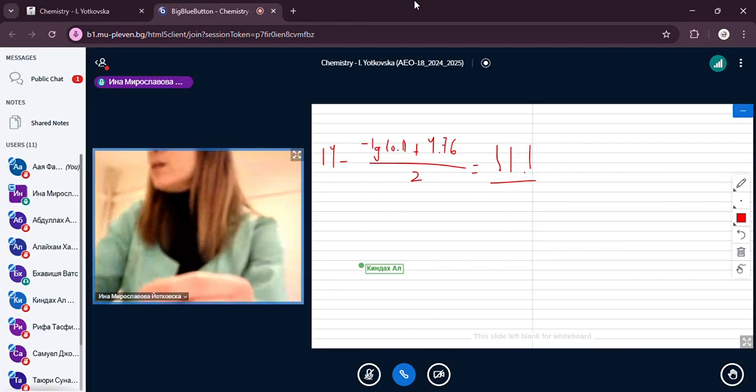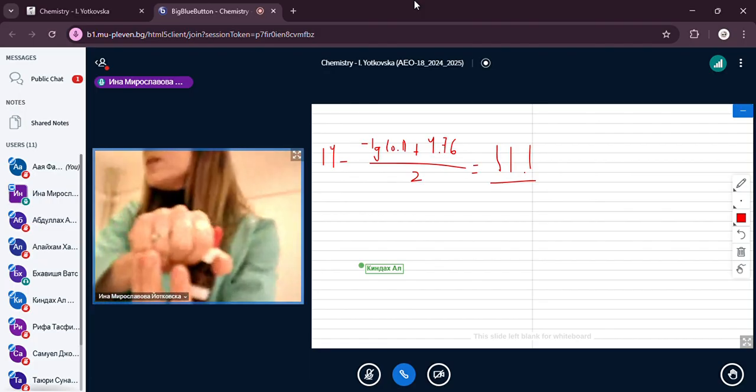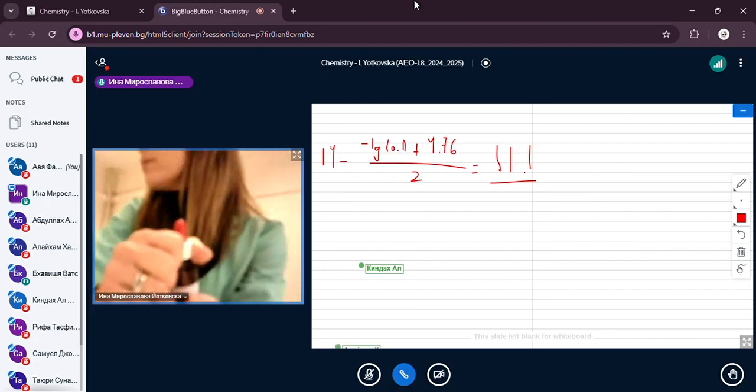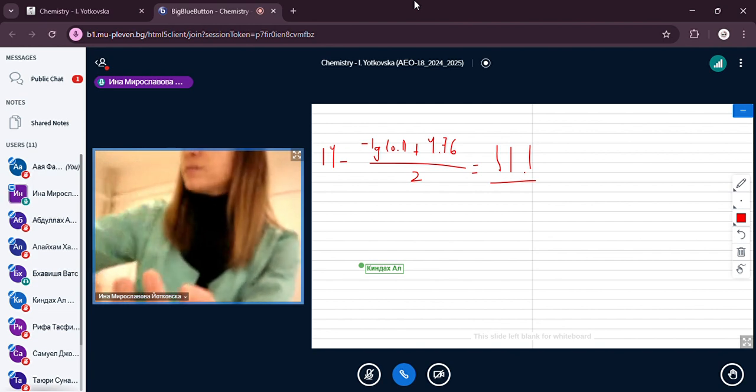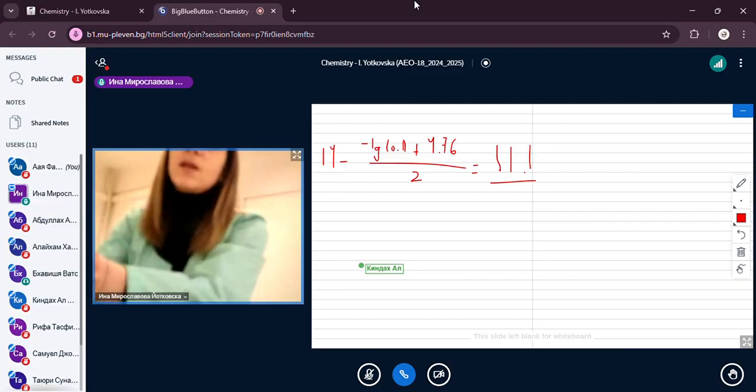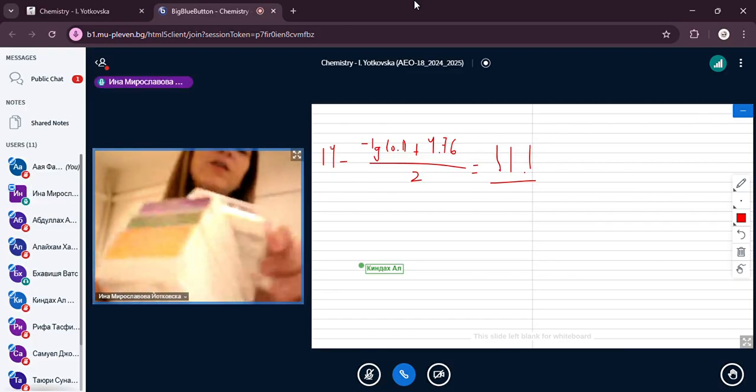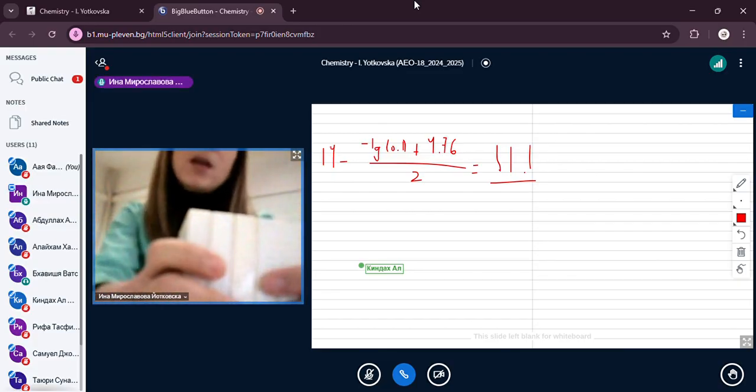So as you can see, the result that we obtained with the precise indicator is the correct one, because with the universal indicator we obtained, what was the result? 13 or 12? Very far from the real result.